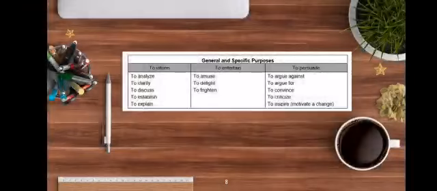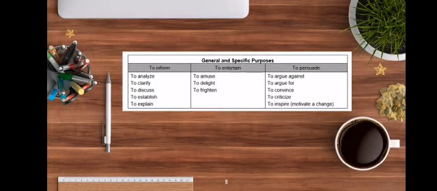I have also selected three subcategories from these three main categories, so you can even subcategorize the way the author wrote about a topic. To inform, we can subcategorize it by to analyze, to clarify, to discuss, to establish, and to explain.